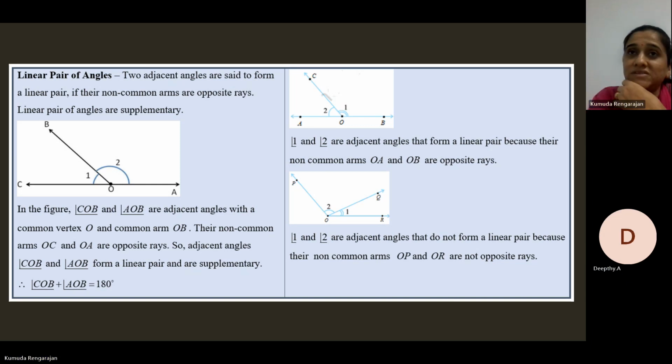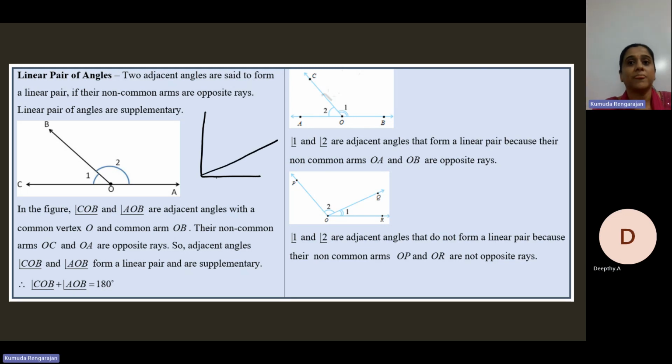Adjacent angles may be supplementary, or they can also be complementary, like in this case. Angle 1 and angle 2 are adjacent angles and they're complementary.